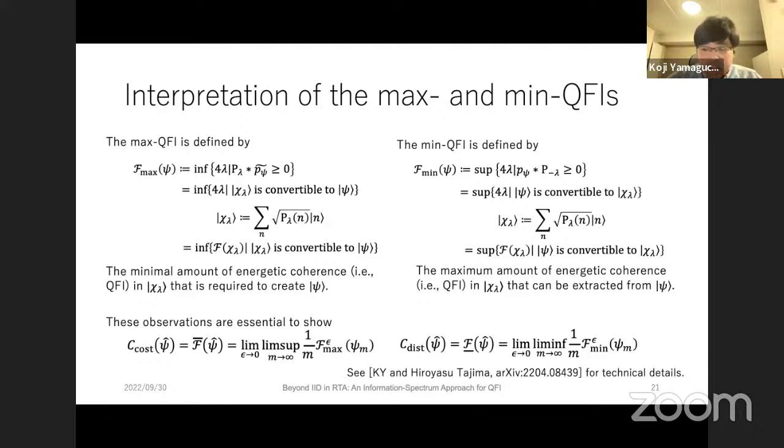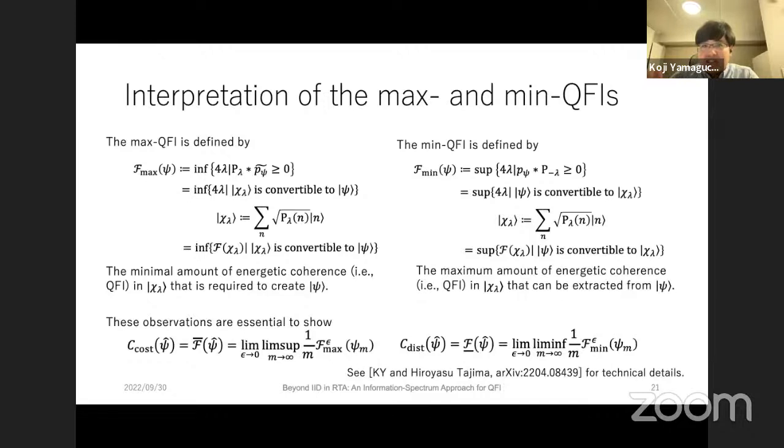That kind of definition is also fine, but if you define it in an operational way, in the sense of the minimum consumption of the resource to construct a state by covariant operation, then the definition includes something about the existence of the covariant operation, right?